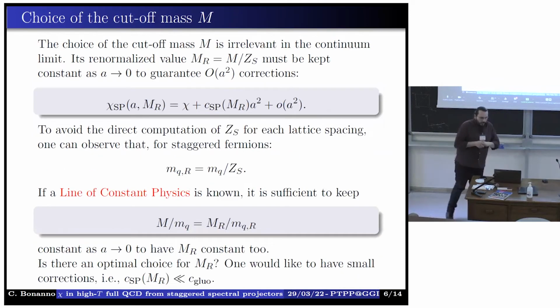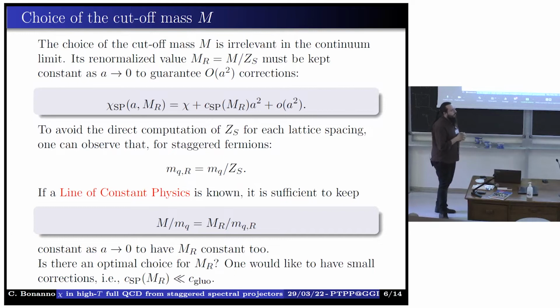So as for the choice of this cutoff mass, which for now is just a free parameter, of course, we expect this choice to be irrelevant in the continuum limit, because in that limit, only zero modes must contribute to the topological charge. But of course, we expect lattice artifacts to depend on the choice of this value.